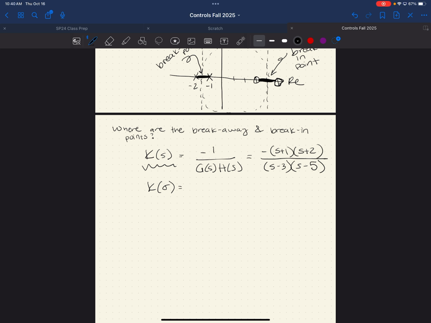Okay, so this goes to sigma, minus sigma squared minus 3 sigma minus 2 over sigma squared minus 8 sigma plus 15.